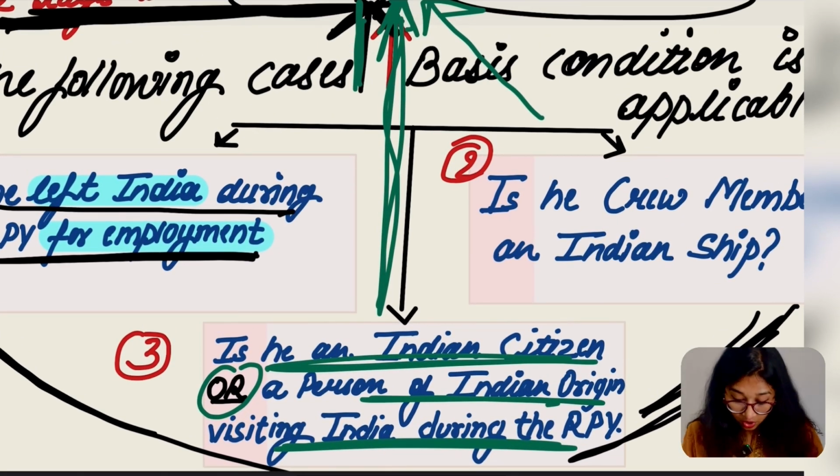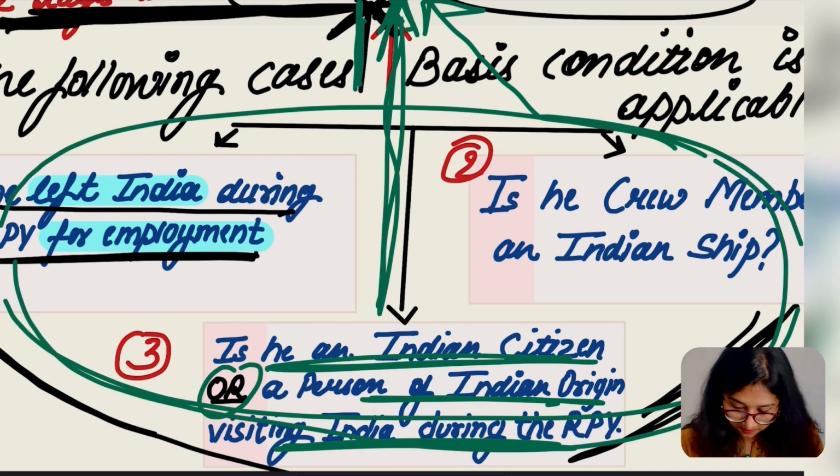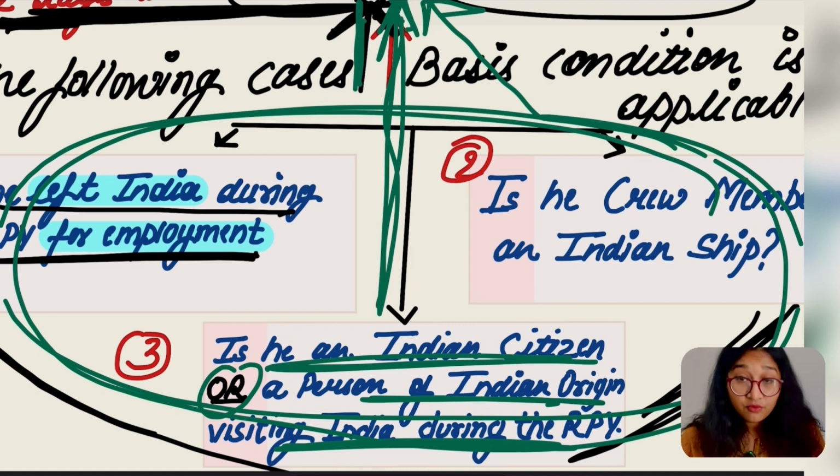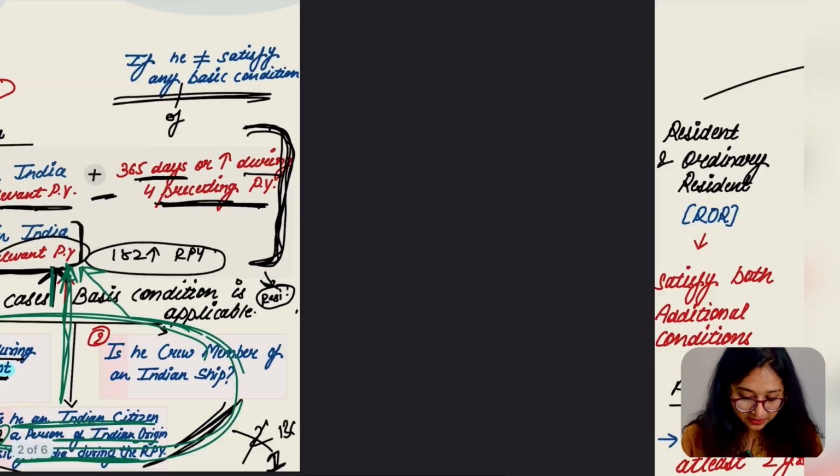An Indian citizen or a person of Indian origin, and the person is visiting India, is not living there, is just visiting India. And these three people will be resident only if they have stayed more than 182 days in the relevant previous year. Then only they will be residents of India. Is it clear? Hope this part was clear.